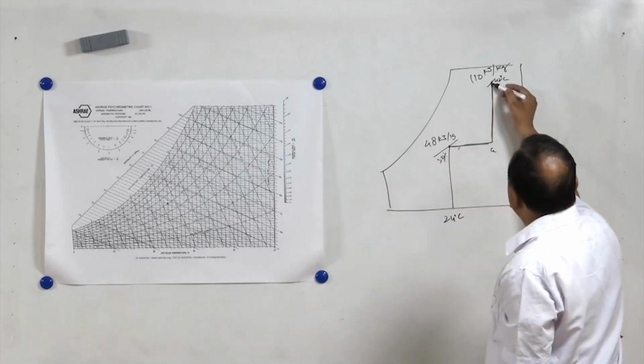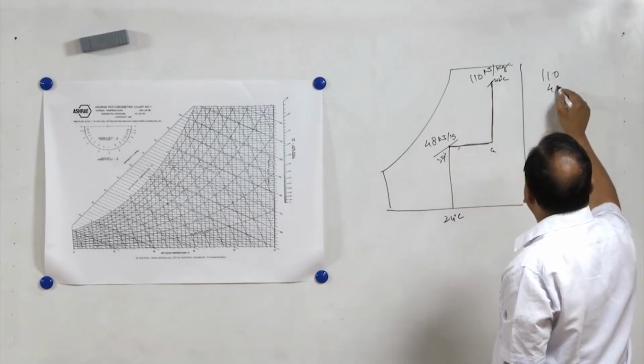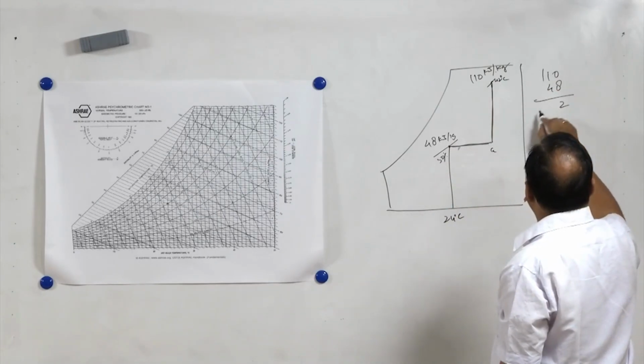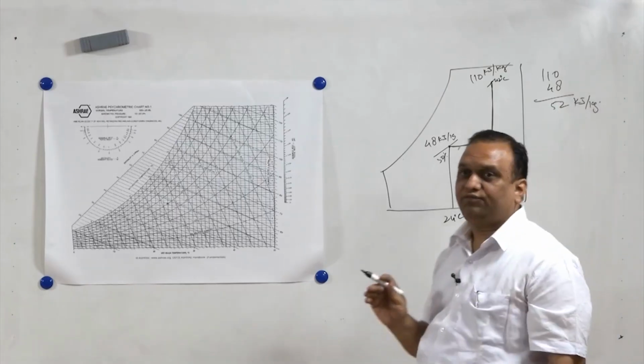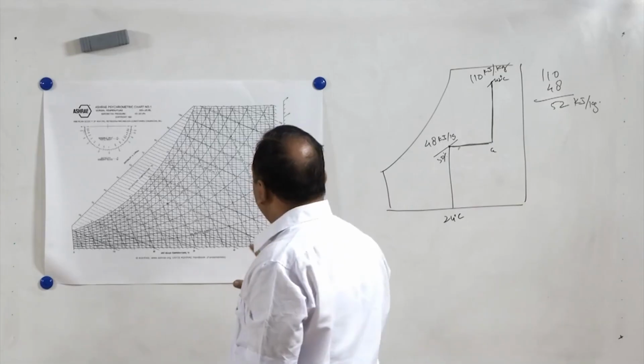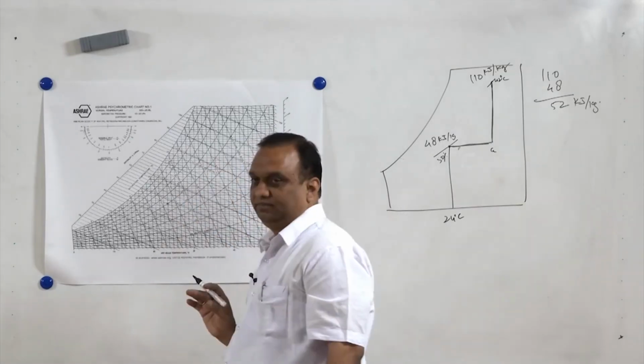So, this is the difference, 110 and 48, it is going to be 62 kilojoules per kg. This much energy will be entering the system.